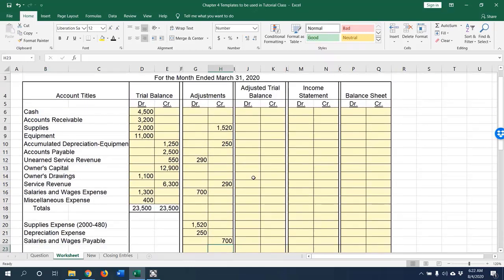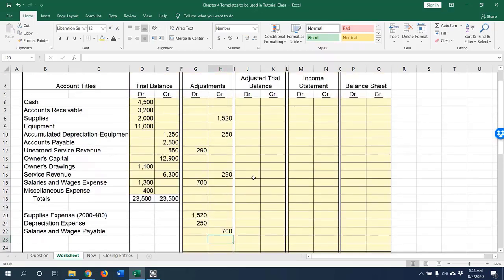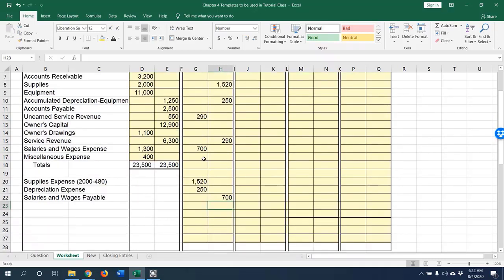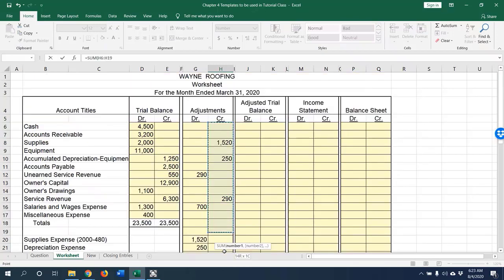So here you can see that we have successfully recorded all the adjusting entries in these two columns. Okay, and for an equal amount of debit we have ensured that we do an equal amount of credit. So now at the end of the adjusting entries, we have to find out whether our debit side and credit side are equal or not.